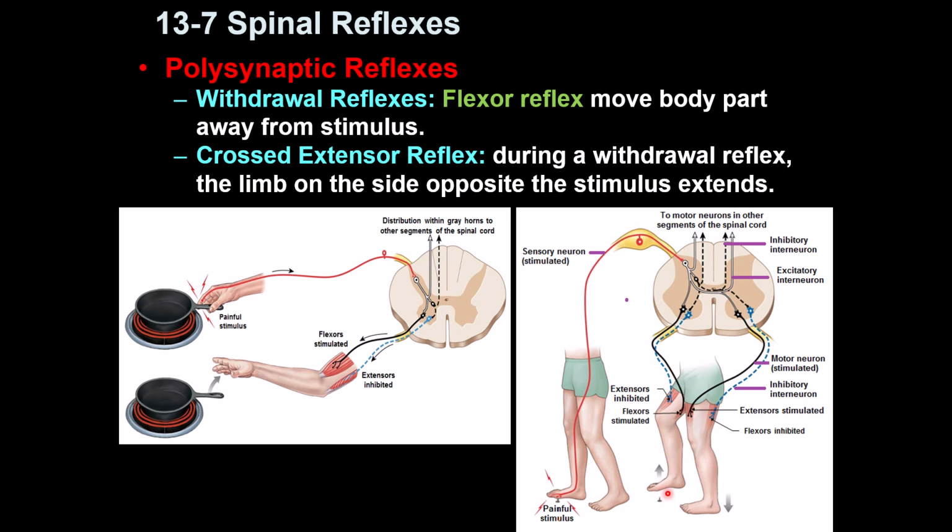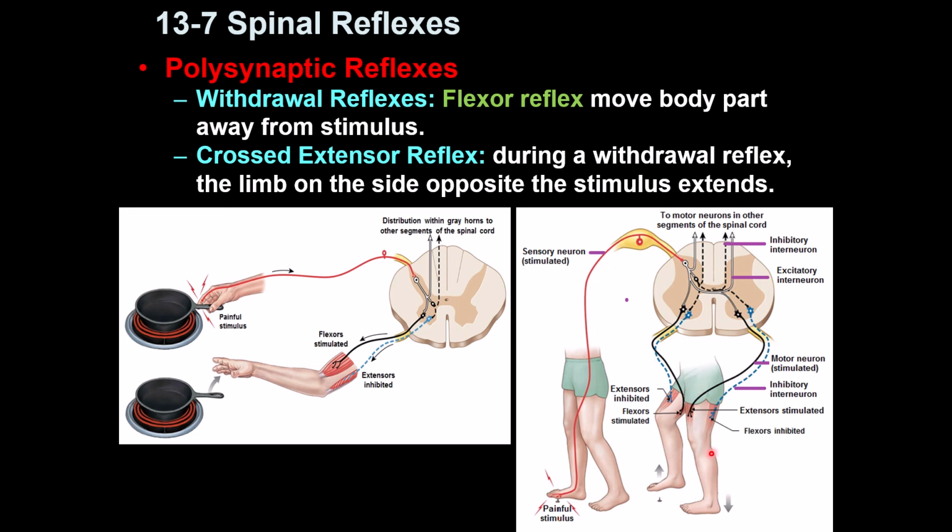So this is still the withdrawal reflex, similar to this one, but something else is happening here. The information is also connected with the opposite side. So now on the opposite side, the quadriceps muscles are stimulated. That will cause extension of the knee, and hamstring muscles are inhibited, so that's inhibiting flexion of the knee.